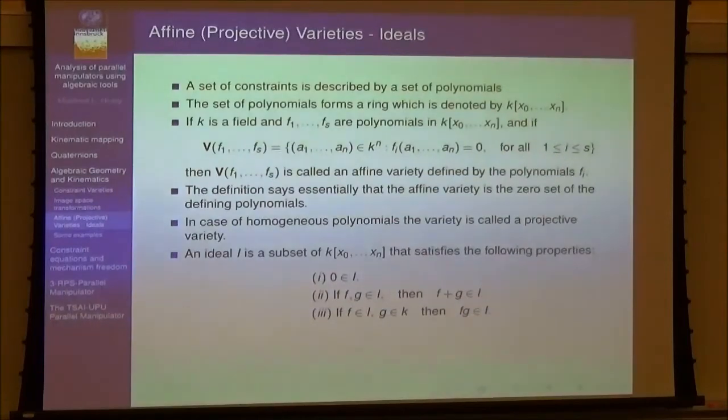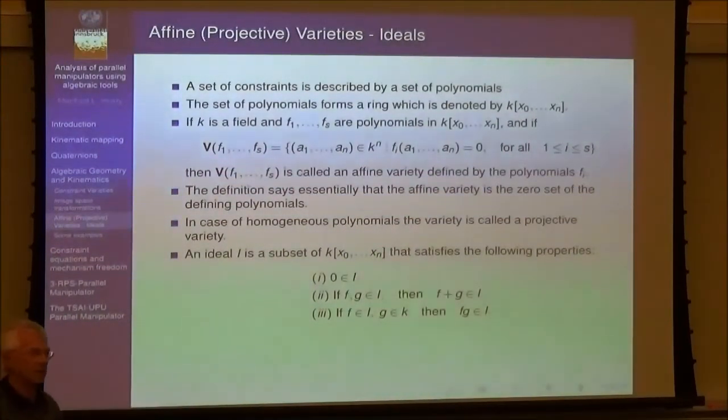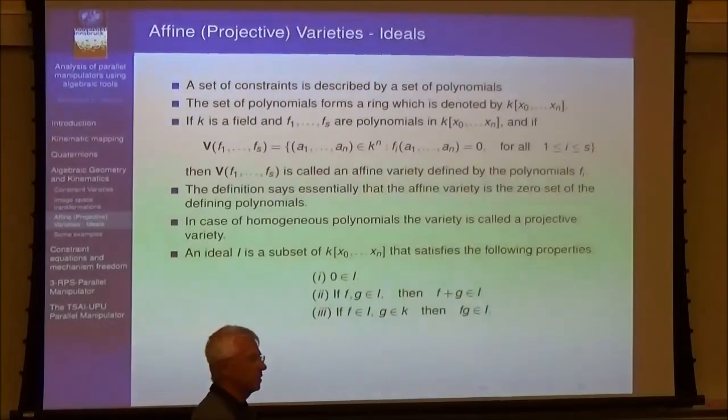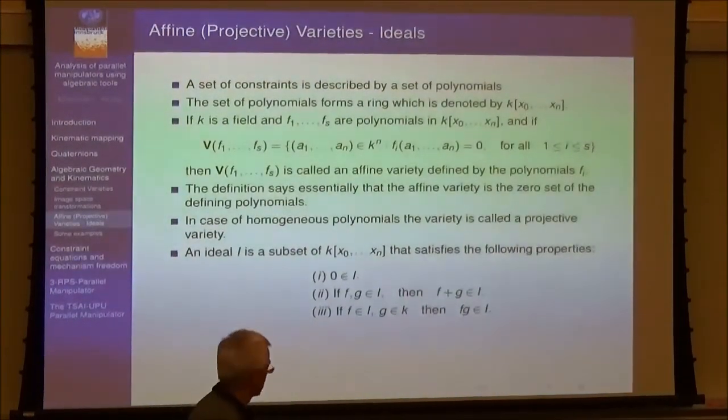And now I define the most important object in algebraic geometry. When you study algebraic geometry, you will always hear something about ideals. An ideal is a subset of all possible polynomials. So these are all possible polynomials you can think of. These are polynomials that can have degree 100, 150, 1000, everything is possible here.